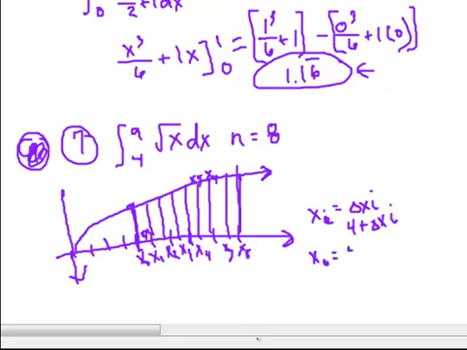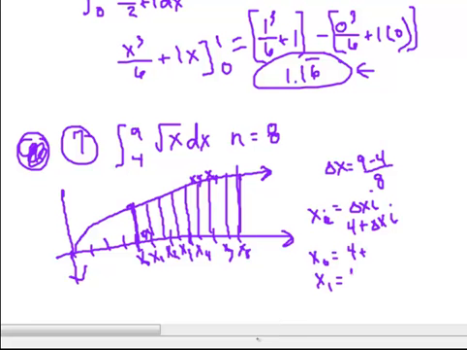It'd be 4 plus delta x times i, and once again delta x is just given by 9 minus 4 all over n, which we said is 8. So you are going to have kind of a goofy fraction here. We're going to have 5/8. So 5/8 times 0 is just 0, so we got 4. For x sub 1, just getting you started, you're going to have to plug this into your other equation.